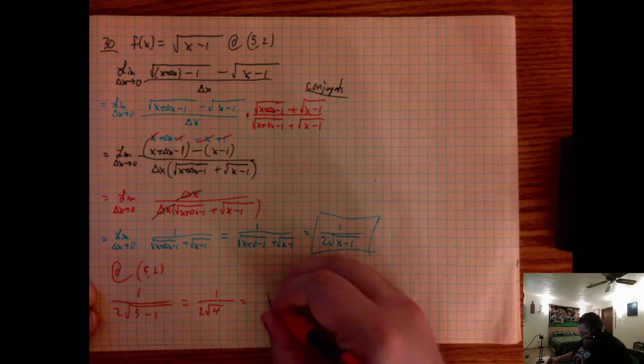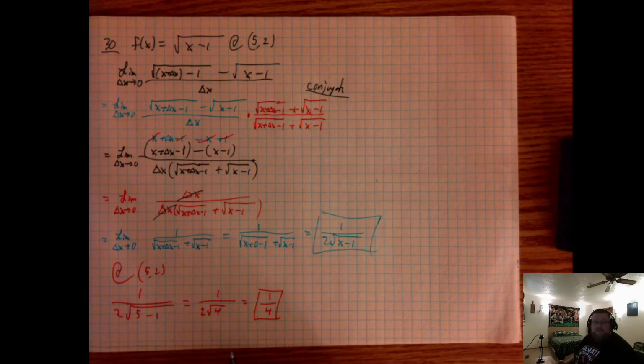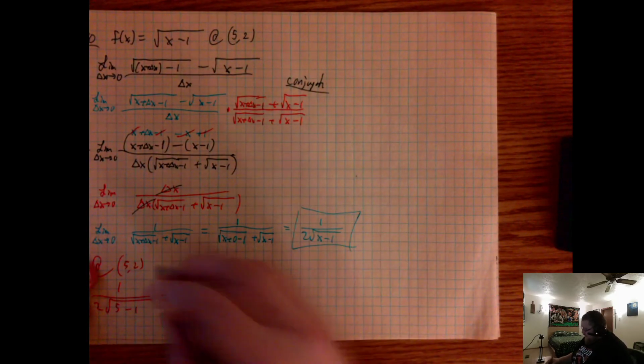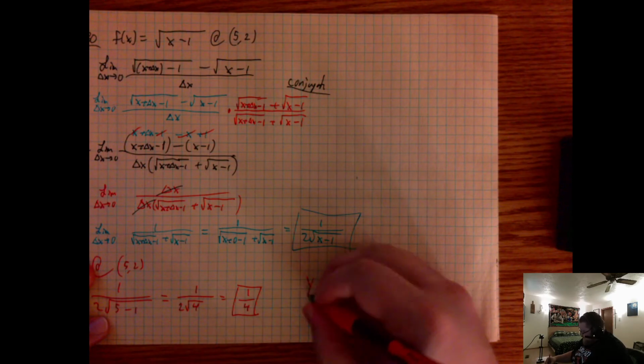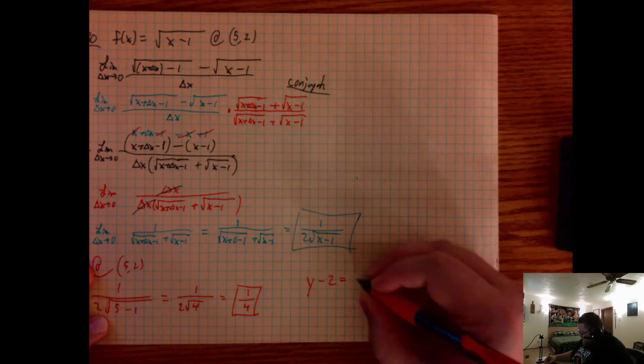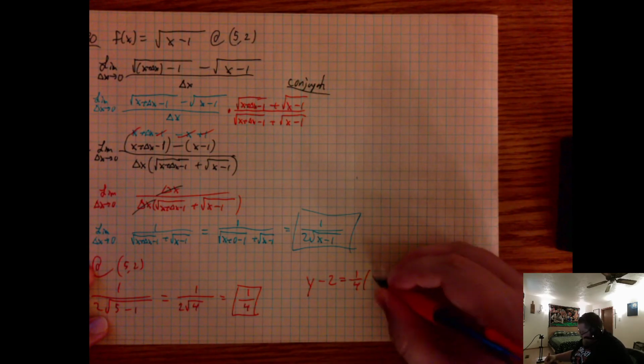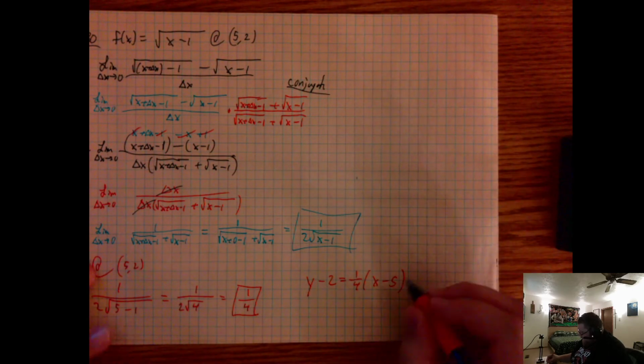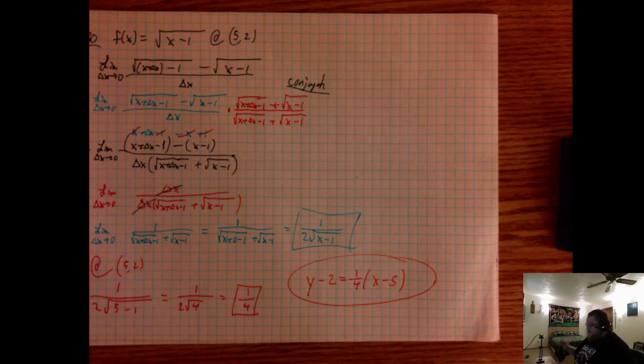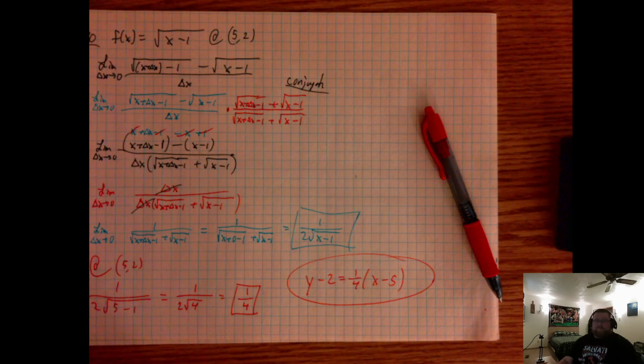Square root of 4 is 2, so this becomes 1 over 4. That tells me my slope is 1/4. Now I can plug this and my slope into my function. y minus 2 equals 1/4 times (x minus 5). And there's my tangent line.